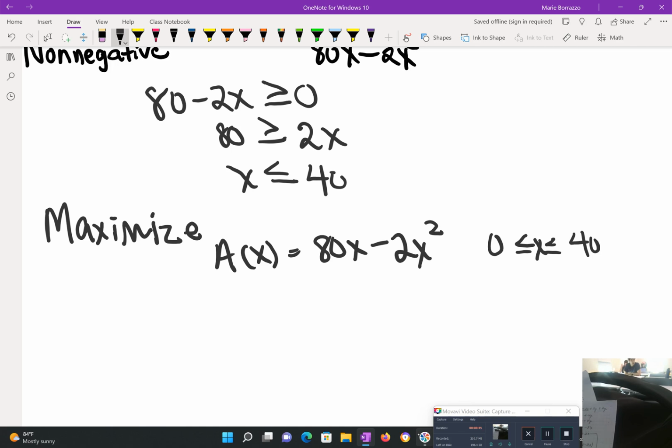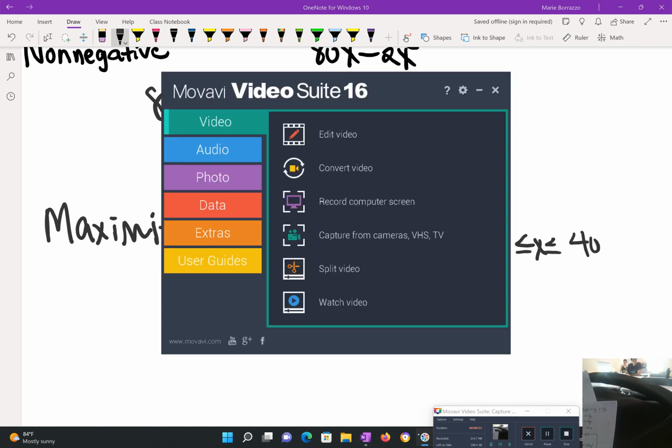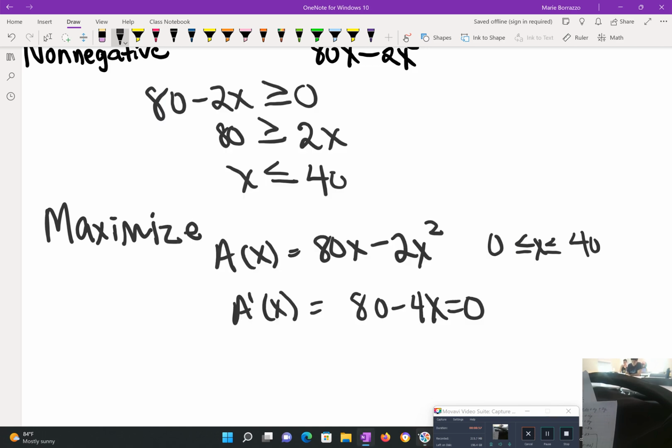So we'll take that first derivative, right? Because that's going to give us our rate of change. And that's going to simplify to 80 minus 4x is equal to 0. And when we solve for this, we get 80 is equal to positive 4x, and therefore x is equal to 20, and that 20 is what we refer to as the critical number.